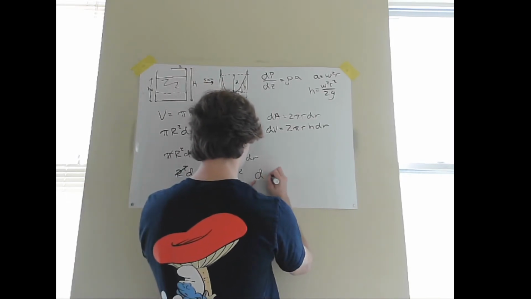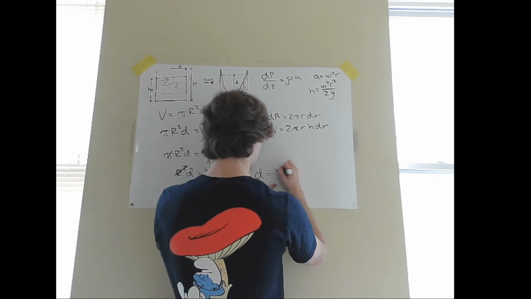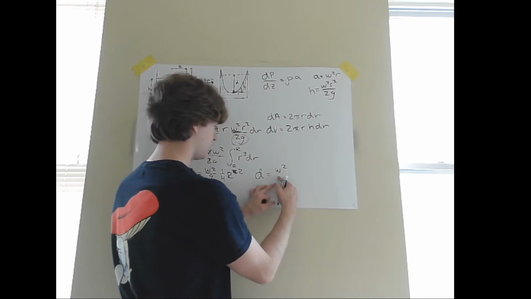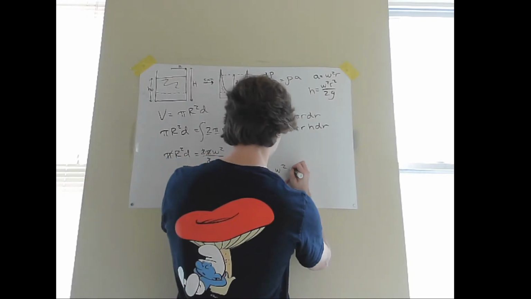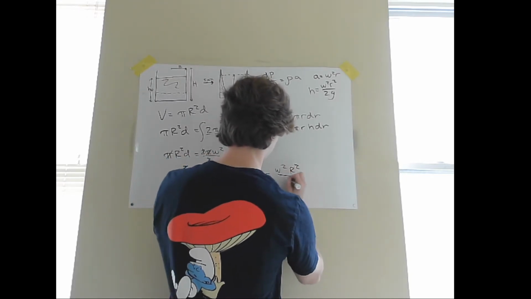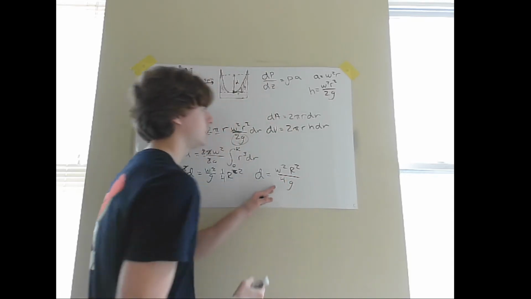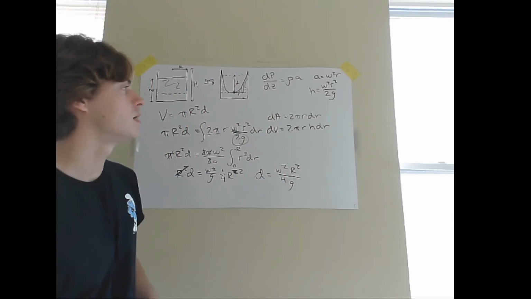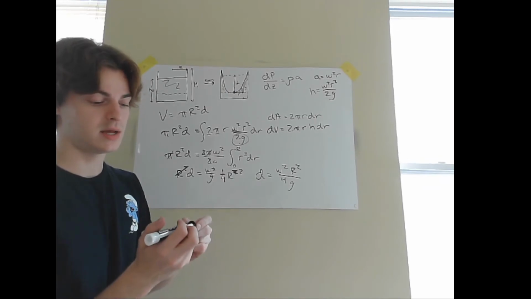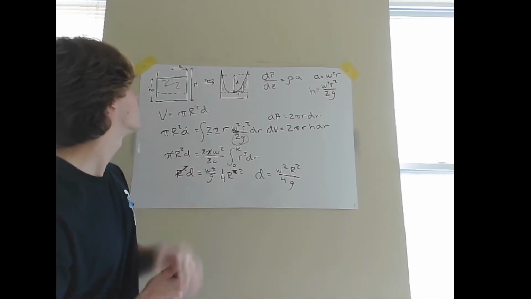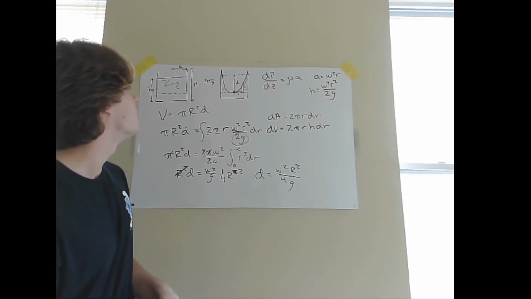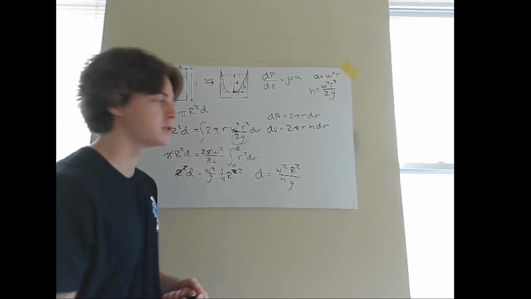So our depression equals the angular frequency squared times r squared over 4g. And again, I'm going to write it off to the side. And now we can go and get at our expression for the maximum angular frequency we can spin the cup.